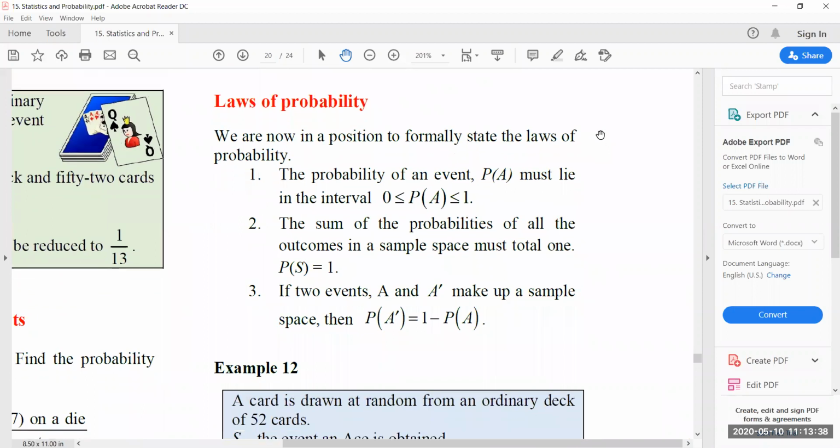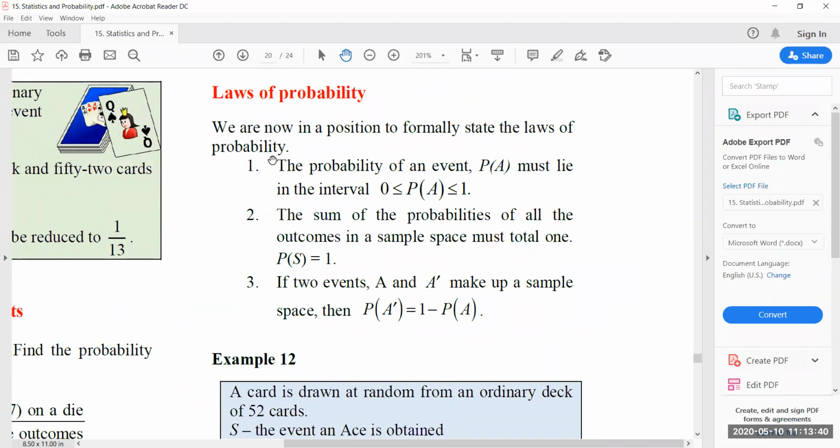Laws of probability now. We are now in a position to formally state the laws of probability. Now, the first law states that the probability of an event P of A must lie in the interval 0 and 1. It can be equal to 0, or it can be equal to 1, or it can be less than 1 or greater than 0.